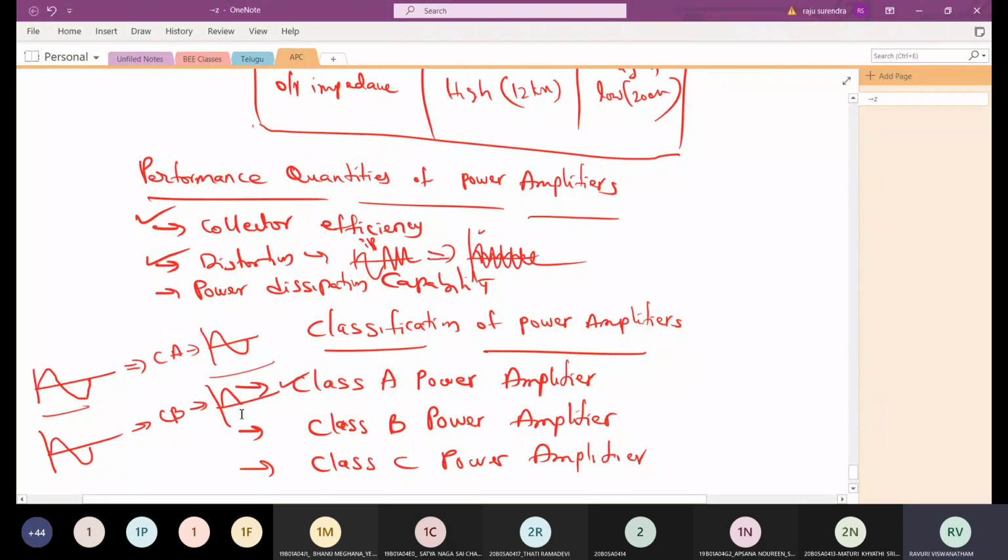So the input signal you have given is the complete one cycle, but the output signal you have obtained is only the positive half cycle. So is there a distortion or not? Yes, sir, definitely there is a distortion.